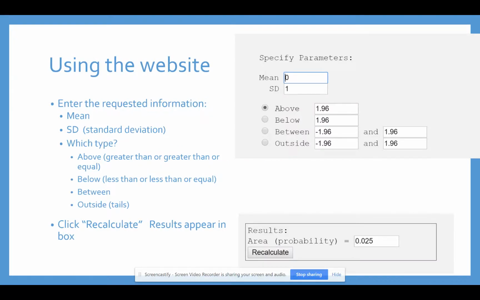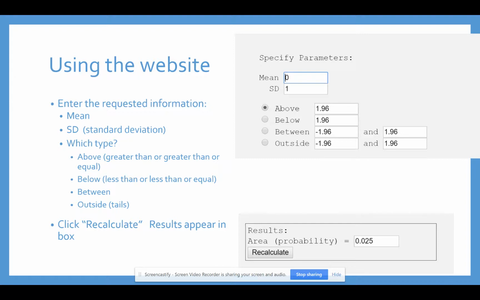It's pretty straightforward. You have to enter the requested information, which is the mean and the standard deviation. Standard deviation here is represented by the letters SD, and then you have to indicate whether you're doing a problem that involves greater than, less than, a between, or possibly the outsides or the tails, and indicate the values for which you want to work that problem.